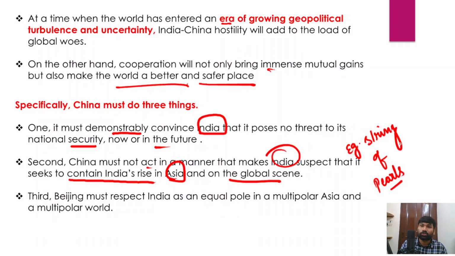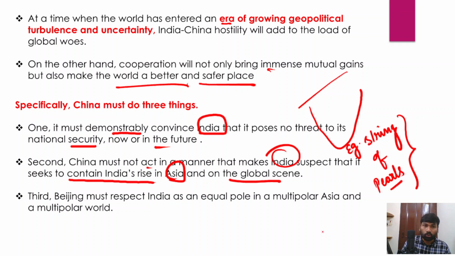String of pearls is a policy where China has been planning to encircle India by developing naval bases in different countries. And in fact, China has also been violating India's sovereignty by constructing the China-Pakistan Economic Corridor, which has been laid down across Pakistan-occupied Kashmir, that is India's territory.